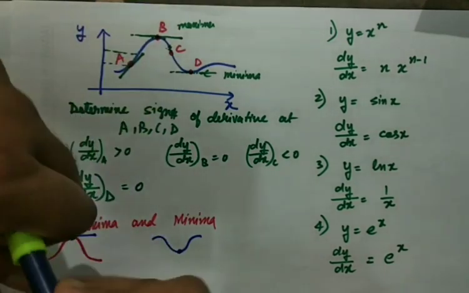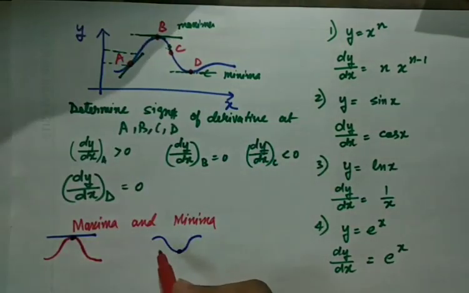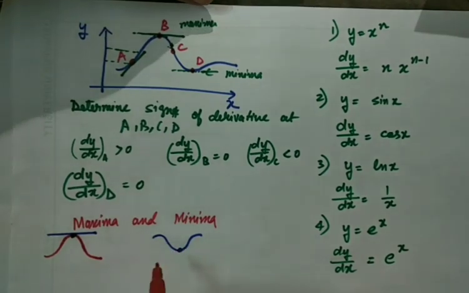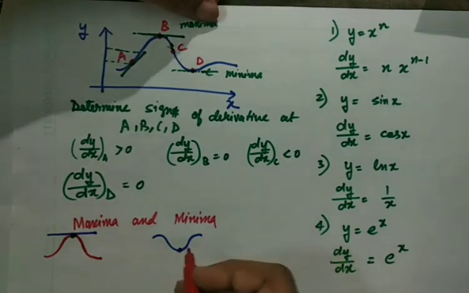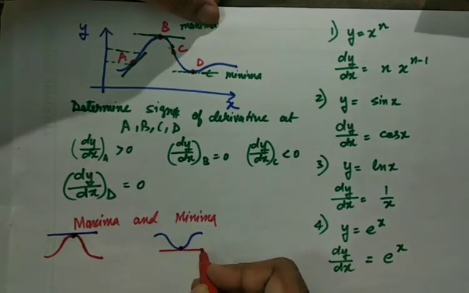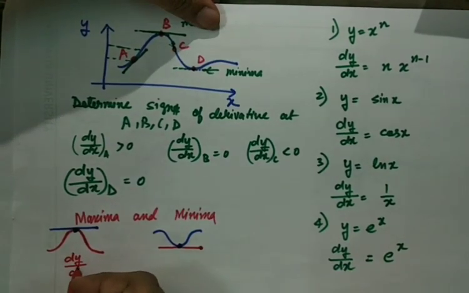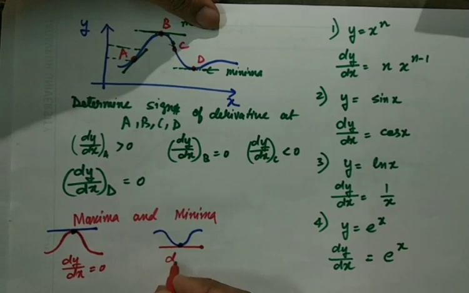We can have the same analysis for minima, when the function is decreasing, and after a certain extreme minimum point, it will again start increasing, and the tangent will be parallel to the x-axis. In both cases, we will have dy by dx is equal to 0.